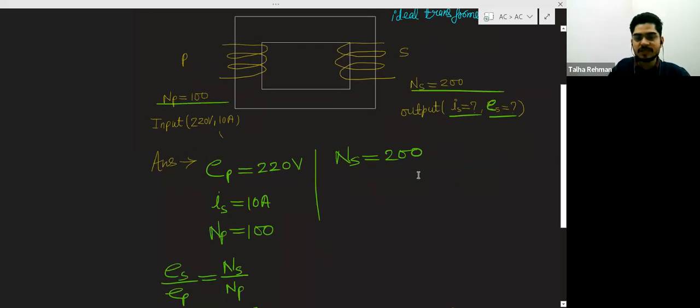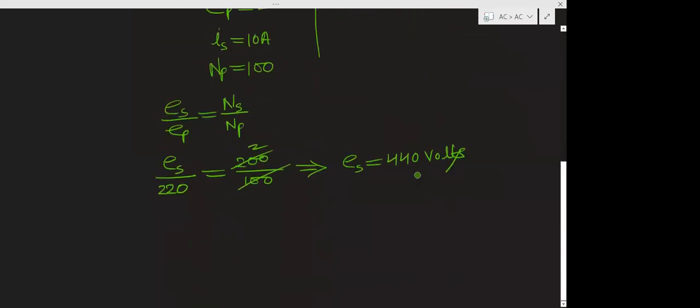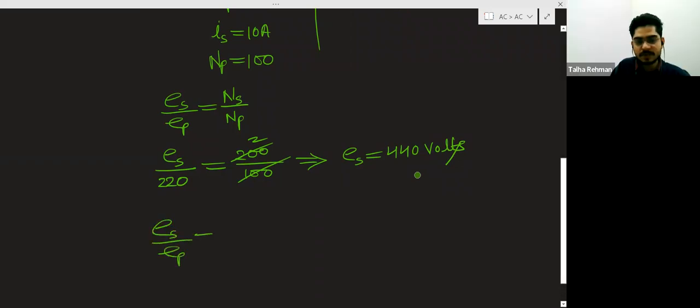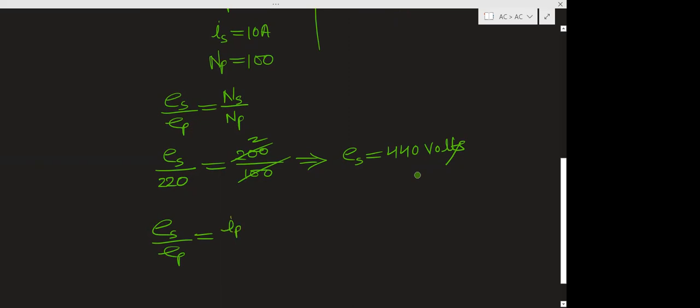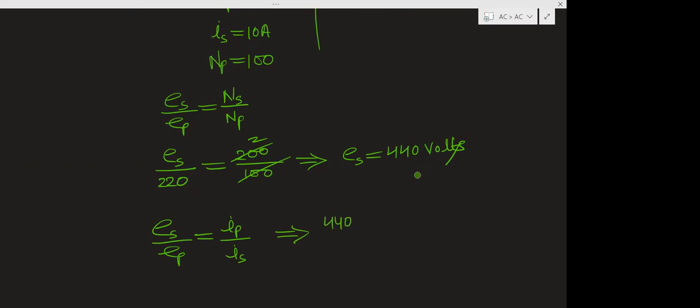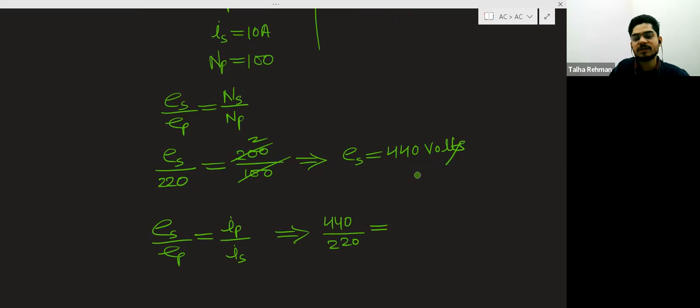So there is another relation: ES by EP is equal to IP by IS. So ES now we know, 440 divided by 220. IP is 10. IS we have to calculate.